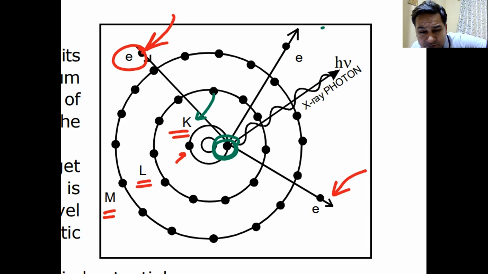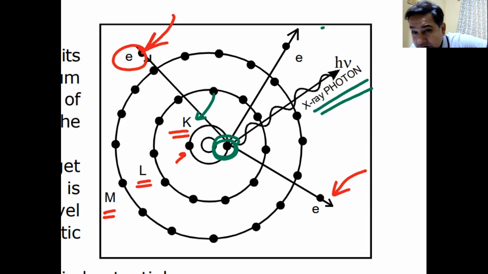Energy of a shell is inversely proportional to n square or something like that. So if I knock an electron from a higher shell, it will come down to a lower shell. Then it will emit certain energy, and that energy will be going in the form of X-ray.